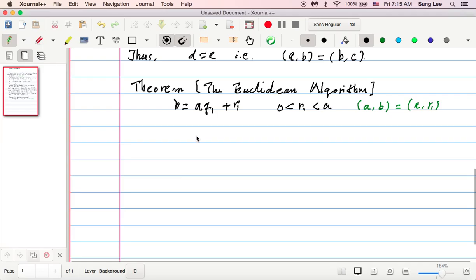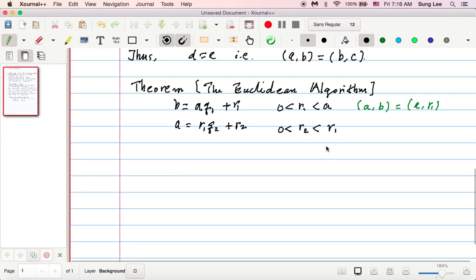Now we can divide A by R1, then there are two integers, Q2 and R2, such that A equals R1 Q2 plus R2. Here R2 is greater than 0 and less than R1.